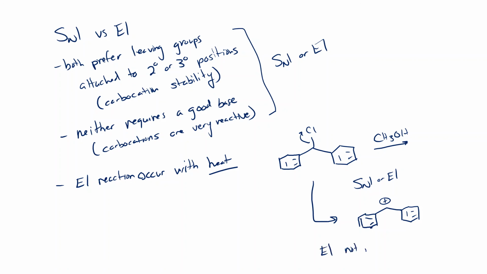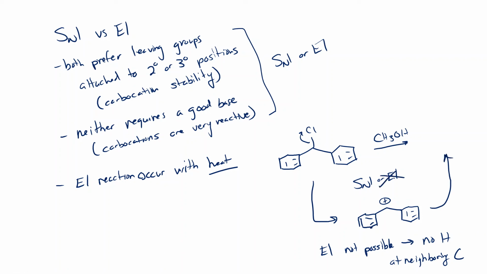E1 is not possible because there are no hydrogens at neighboring carbons. Right? So the second step of the E1 mechanism is to remove a hydrogen from the position next to that carbocation. In this case, there's no hydrogen at this position, and there's no hydrogen at this position, so we cannot do E1.